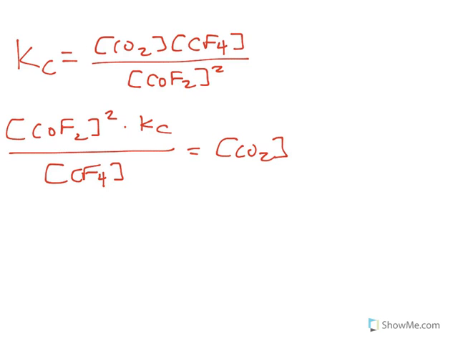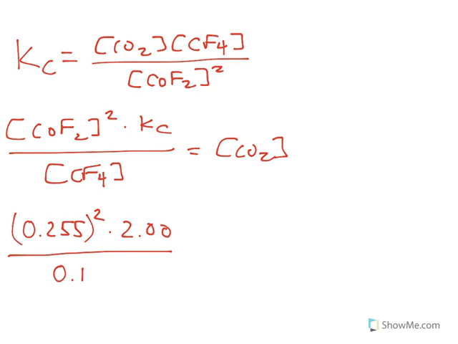So I'm going to plug in those values. The COF2 was 0.255 squared, my value of Kc was 2.0, and my value of CF4 was 0.118. That'll give me CO2.